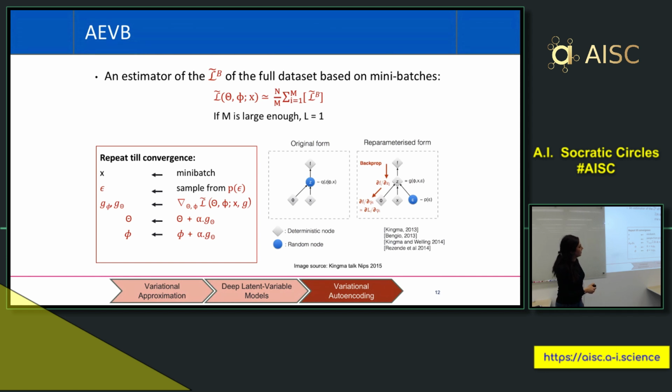This is the original form, and this is the reparameterized one. You see that Z here is no longer random, it's deterministic, and the input is random. Because I'm taking the derivative with respect to the nodes, this is how you can solve the problem and do backprop.